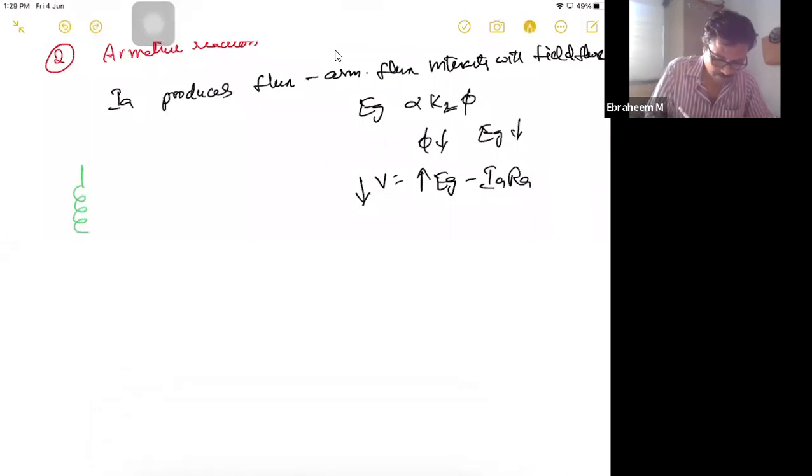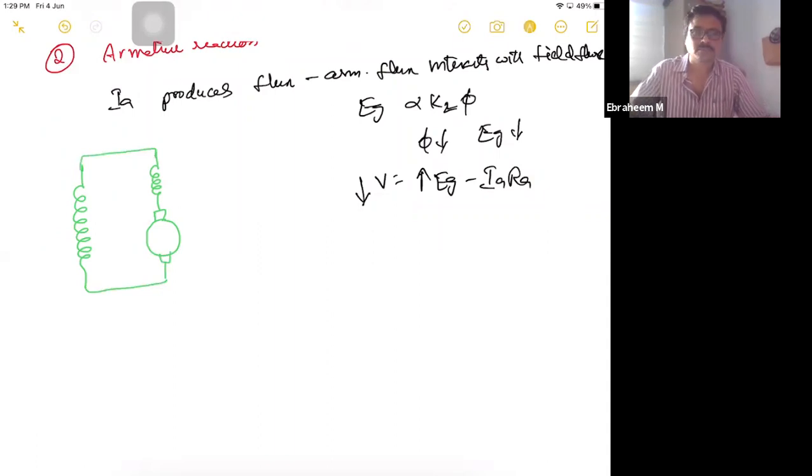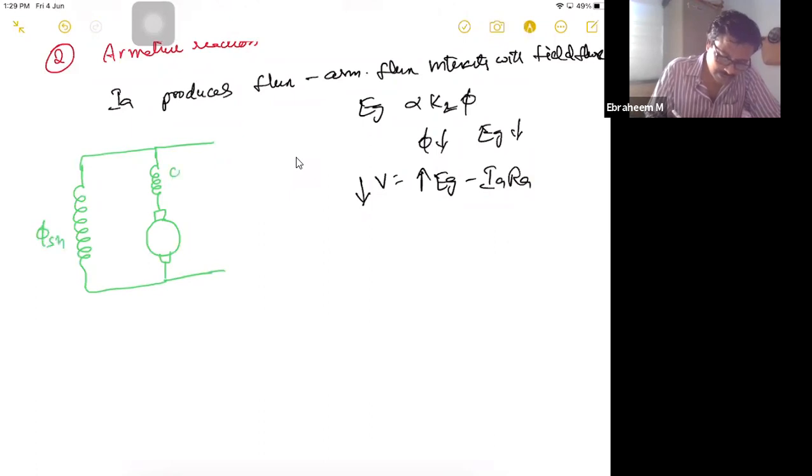You will have a series field as well as a shunt field, right? Here you will have shunt field flux, and this field also produces flux.